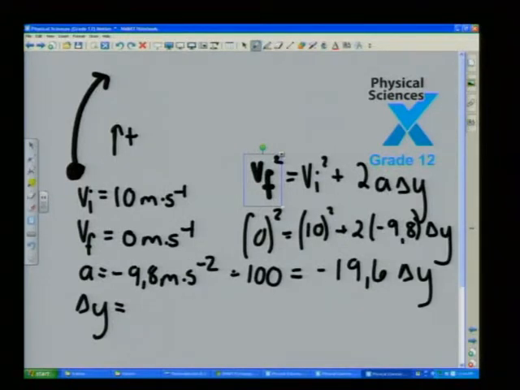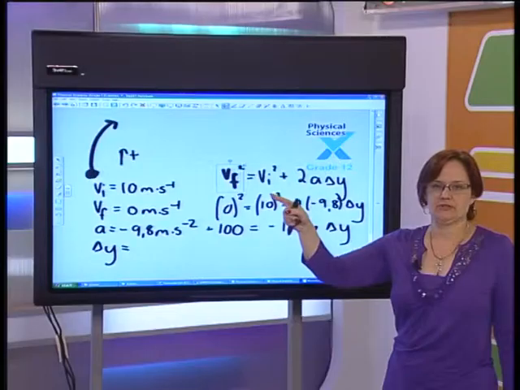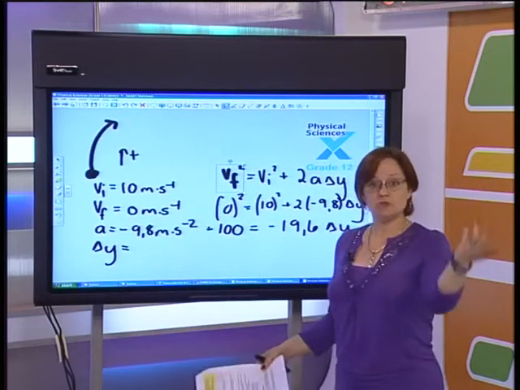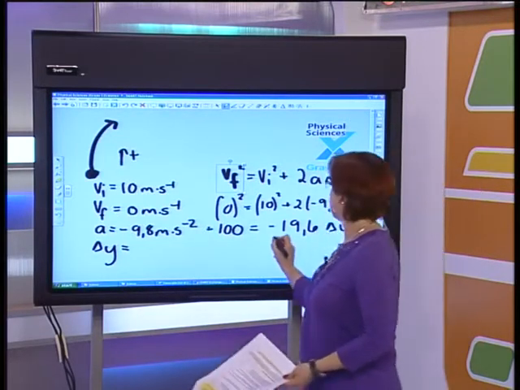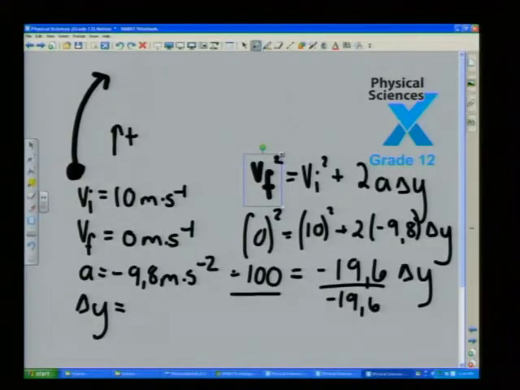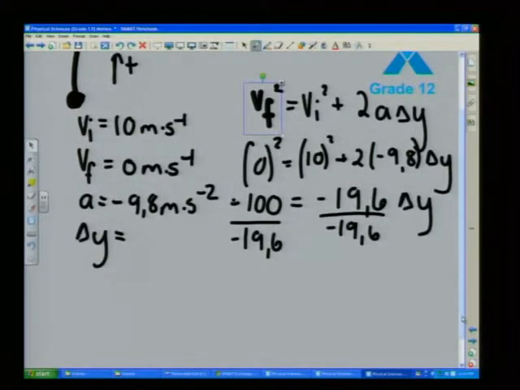I get a positive number, which is exactly what I should get because I chose up as my positive direction, and I'm looking at an object that's moving upwards. So my displacement should be up. I'm going to divide both sides by minus 19,6. Okay? And remember, the rule is you take your answer to 2 decimal places, and we get 5,10 meters.